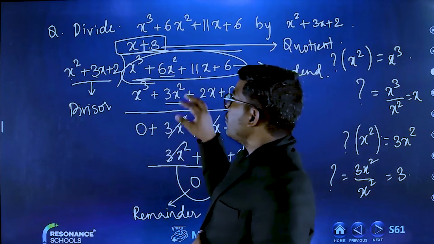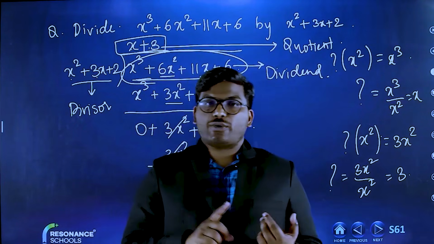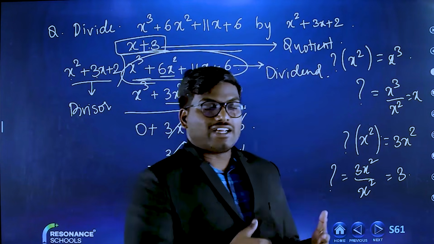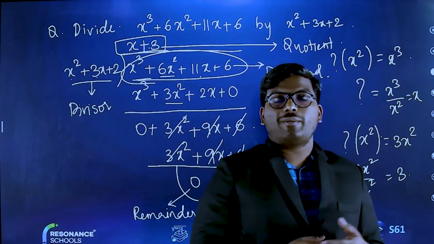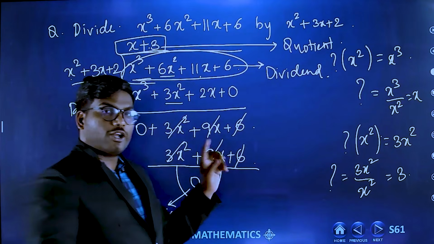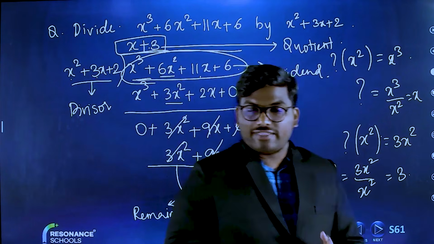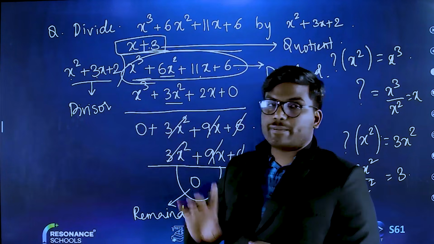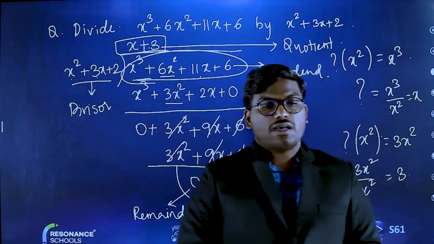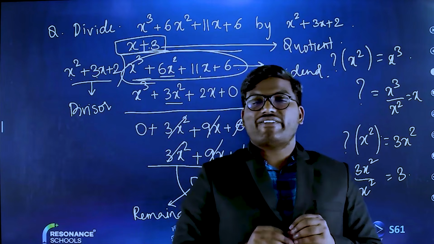In division, we understood division of a monomial by a monomial, then a polynomial by a monomial, and then a polynomial by a polynomial. We've done that for 2 examples: once a simple polynomial, once a divisor being a compound polynomial. So with this, we will end the class today.